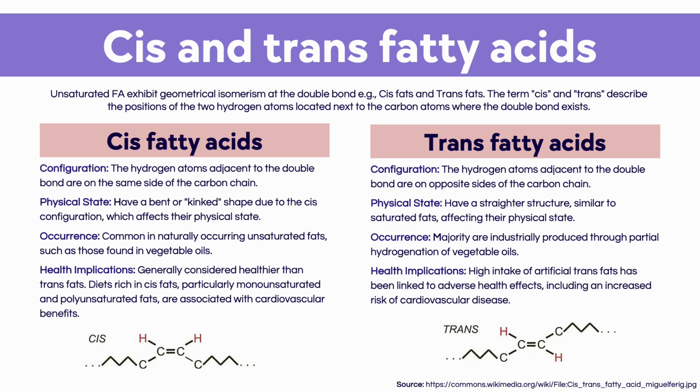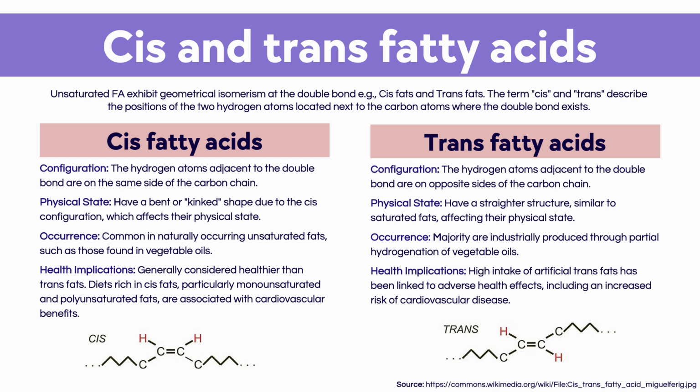Unsaturated fatty acids can exhibit geometrical isomerism at the double bond, leading to the formation of 2 distinct types, cis fats and trans fats. The terms cis and trans refer to the relative positions of the 2 hydrogen atoms situated next to the carbon atoms involved in the double bond. For cis fatty acids, the configuration involves the hydrogen atoms adjacent to the double bond being on the same side of the carbon chain.